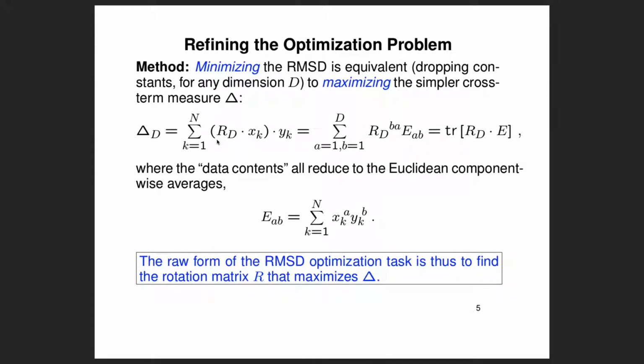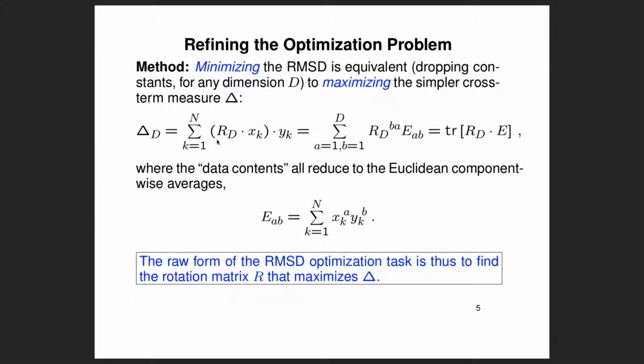We will refine the problem from a minimization problem for the RMSD to drop some constants and turn it into an identical problem up to constants, which I call the cross-term measure, delta. And instead of minimizing the RMSD, we will maximize delta.